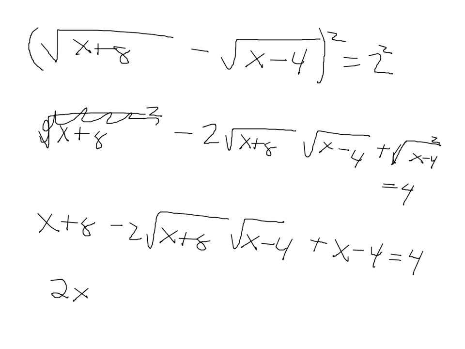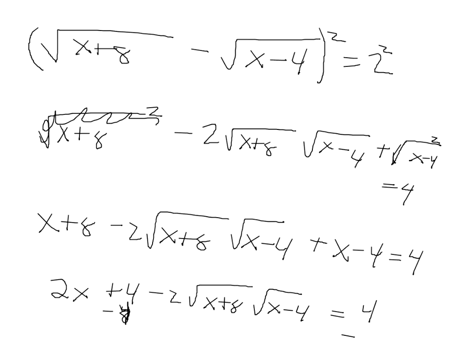Okay, so we get 2x plus 4 minus this stuff equals 4. So I subtract 4 from both sides, and so that cancels, and I subtract 2x from both sides.